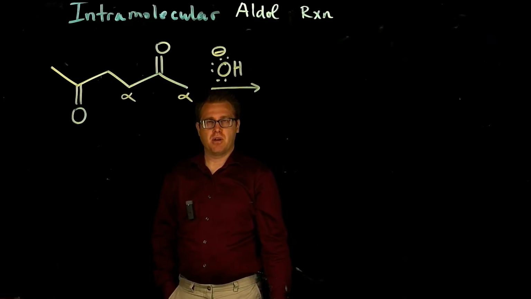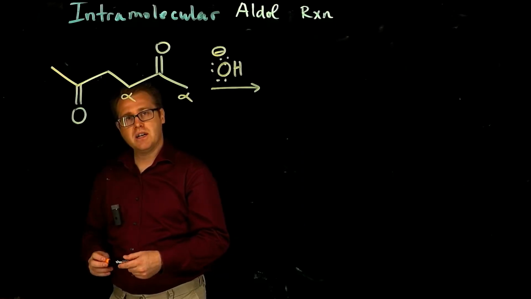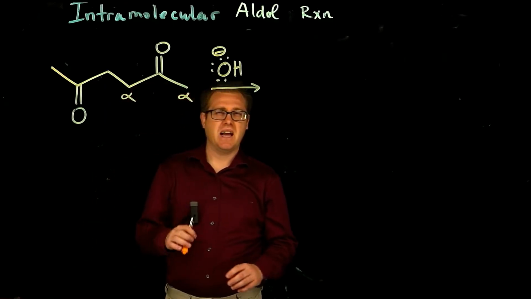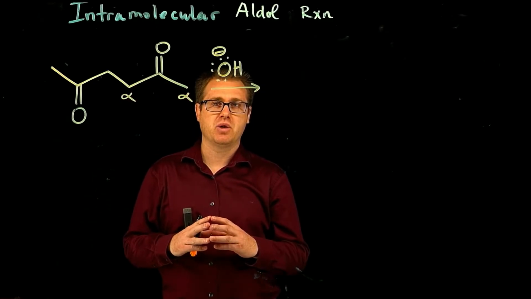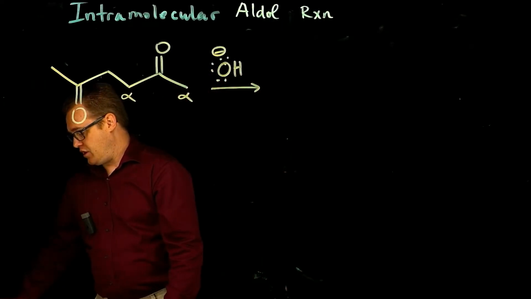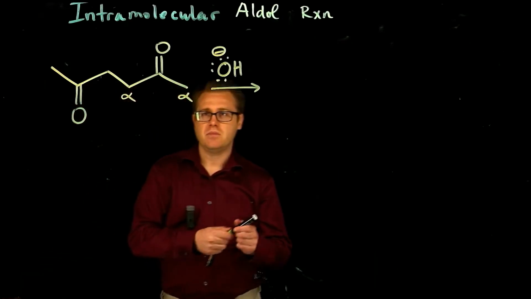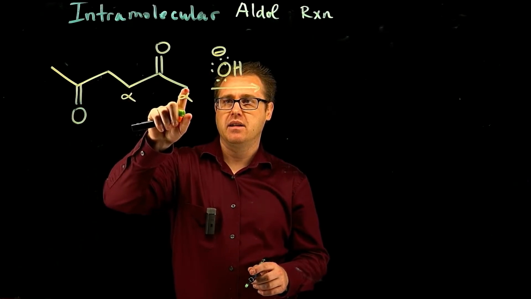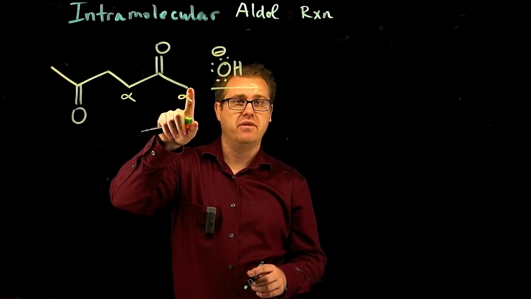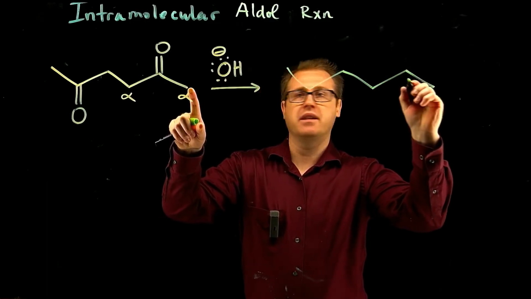So which alpha protons do you abstract? Well, it all comes down to the size of the ring that you're going to form. So let's look at the two situations here, or the two possible scenarios. If I abstract this alpha hydrogen off, what would we get? We would get an enolate that looks like this.